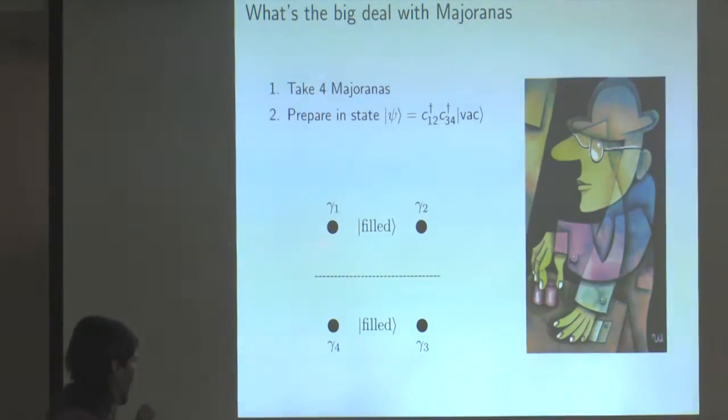So let me take these 4 Majoranas and let me consider them being in a definite state. So here specifically, let me introduce fermionic degrees of freedom corresponding to both of these pairs. And let me say these are corresponding to filled states of both fermions. Now I have described the full many-body wave function of the system. Importantly, it's not a straightforward step because in order to define these degrees of freedom, I need to define essentially a way to measure them.